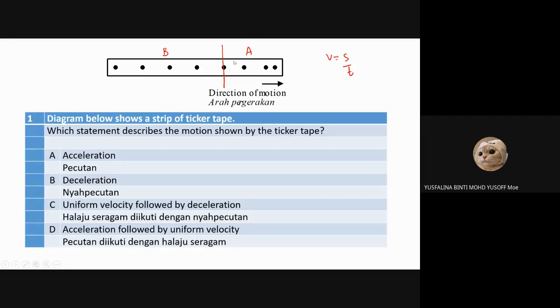Velocity increasing means it accelerates. And for the B part, you can see there is no change of displacement. The distance between two dots is the same, so S is the same. If S is the same, V is also the same. The velocity is uniform, or you can say zero acceleration. Very good.